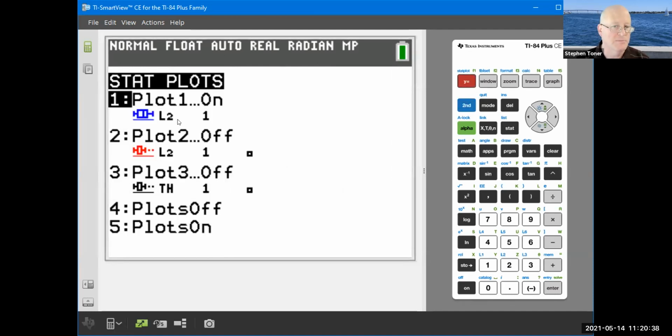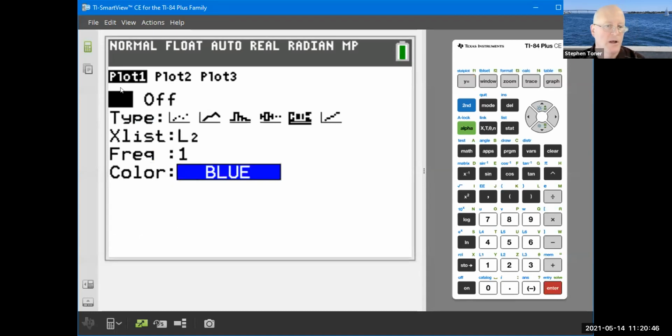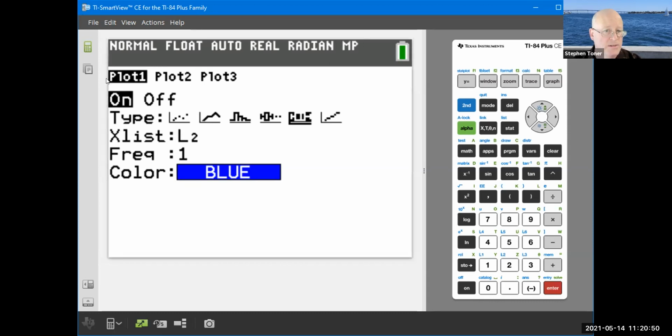Now you've got multiple stat plots, and I'm going to be focusing on list 2 here, the second data set. And I'm going to go into the stat plot, and the first thing you need to do is make sure it is turned on. You can see that we're inside of stat plot 1 now because it's highlighted, and turn it on by hitting enter.